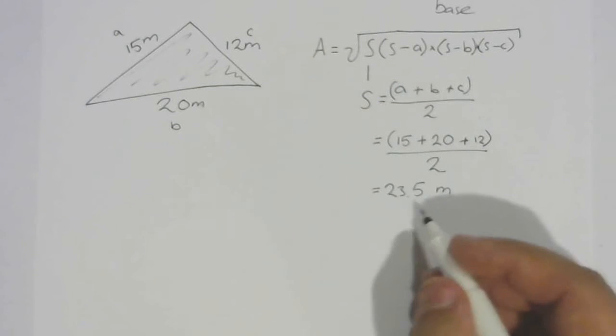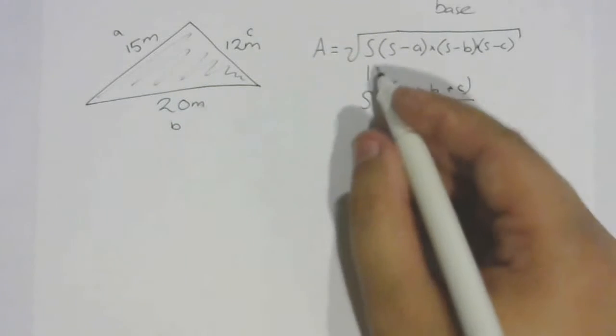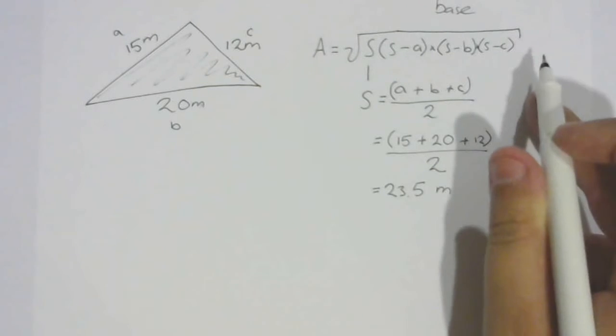Now this semi-perimeter of 23.5, we can then stick back into this area rule, so Heron's Rule.